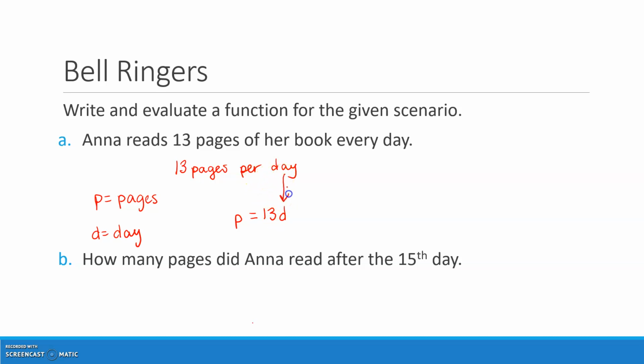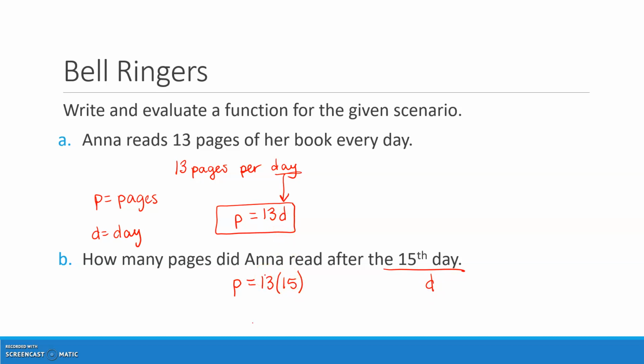And so that word that comes after per is going to be multiplied by our constant of 13. So this is going to be our function. So then it says, how many pages did Anna read after the 15th day? And we're going to do P equals 13 times 15. 15th day is our D variable, so I'm going to replace this D right here with 15.